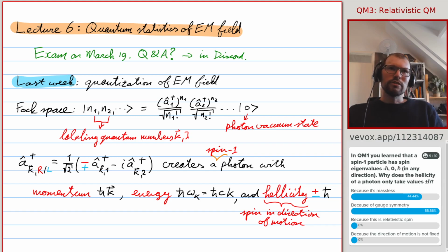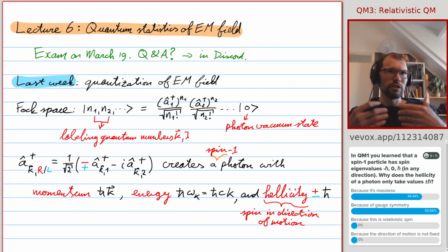Well, because we noticed that there are only 2 local degrees of freedom in the electromagnetic field, right? So there cannot be more than 2 of these states. And why were there only 2 of them? Well, because we had this gauge symmetry. The gauge symmetry allowed us to impose gauge conditions, and we looked at a particular case of the Coulomb gauge, which allowed us to set the scalar potential to 0, and also the divergence of the vector potential.